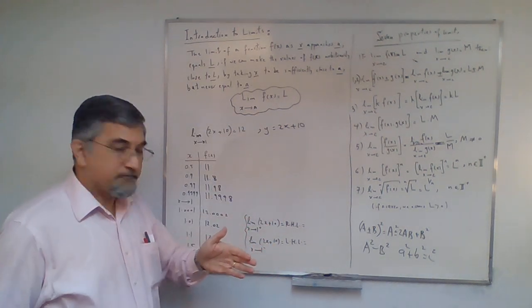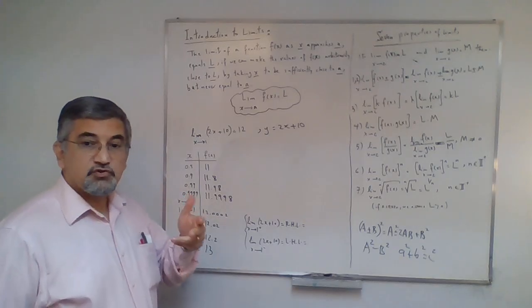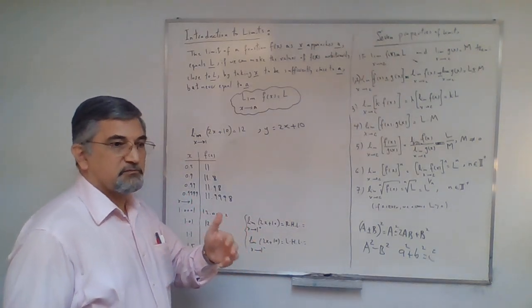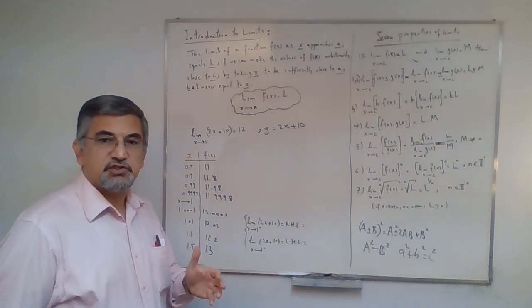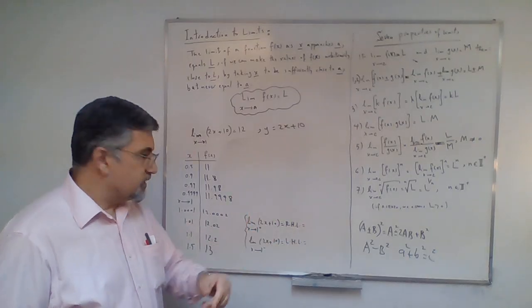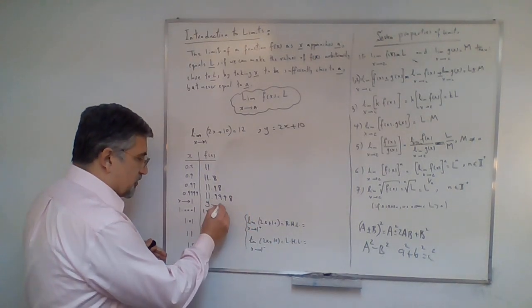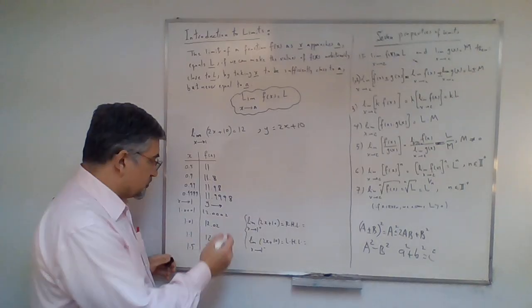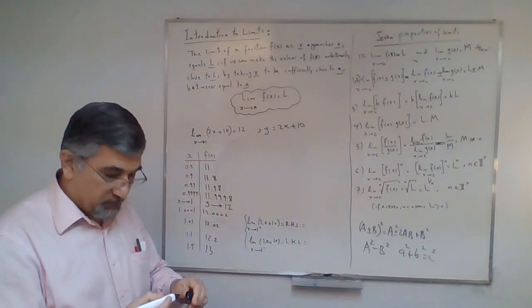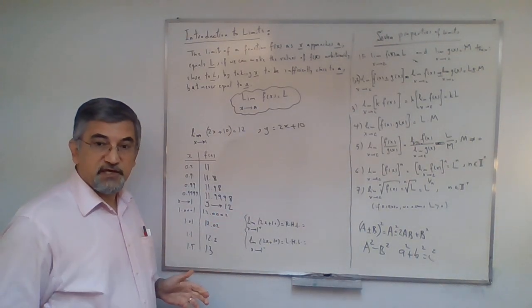You understand what I'm saying? If x approaches 1, if it becomes extremely, beyond your imagination, close to 1, then the value of y will become very, very close to actually 12. All right, that's what we're saying here.